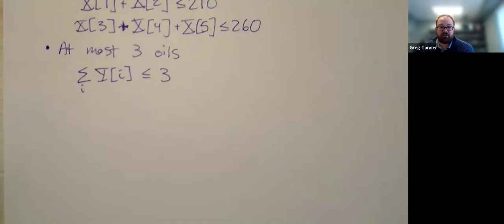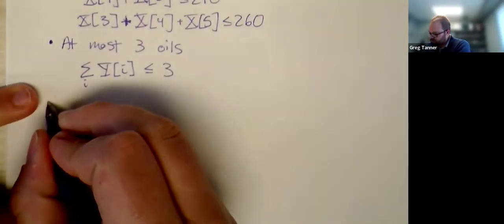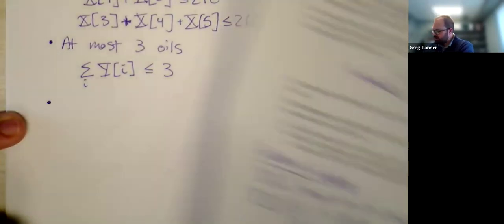At most 3 of them can be 1. It's possible to make it solely out of a single oil if we wanted to. Not going to end up being optimal to make it out of a single oil, but potentially it might make sense to make it out of 2 oils. We'll see. So that's at most 3 oils.